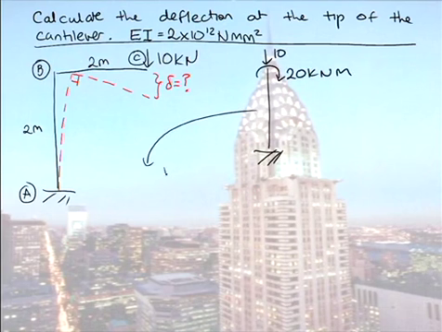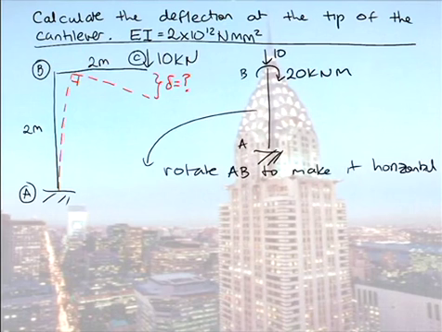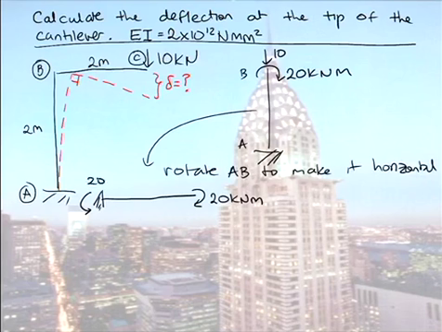So what I'm going to do is rotate AB to make it horizontal. Because for some reason we can just deal so much better with a horizontal beam. So look, here's my problem. So my reactions here are 20.